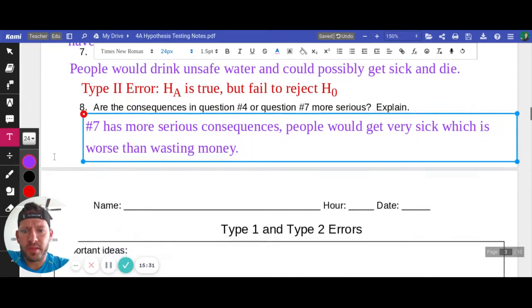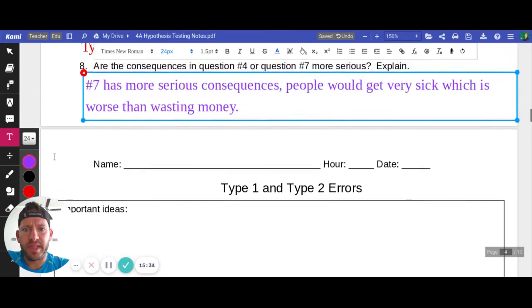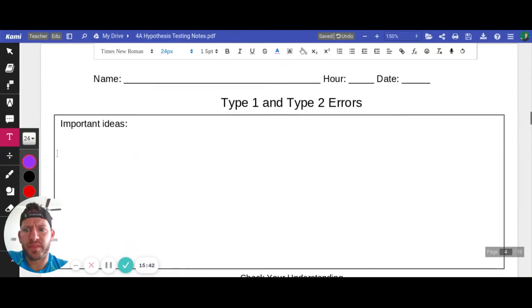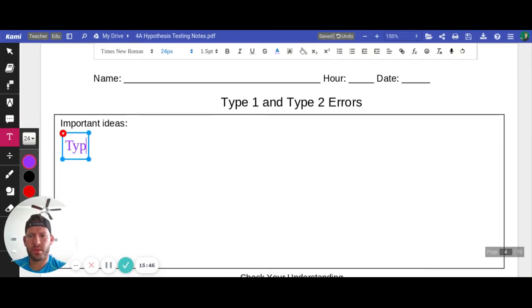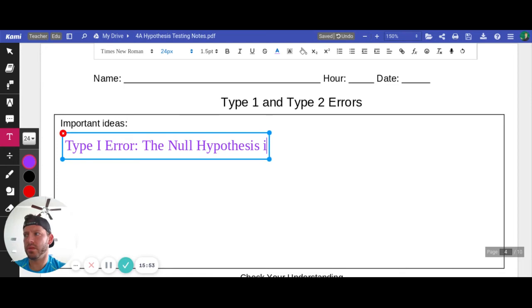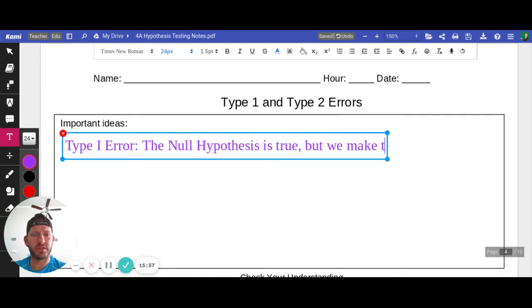So we'll wrap up this lesson by writing out our type 1 and type 2 errors. And we'll go find a nice little diagram to show that as well. So type 1 error: the null hypothesis is true, but we make the wrong decision.